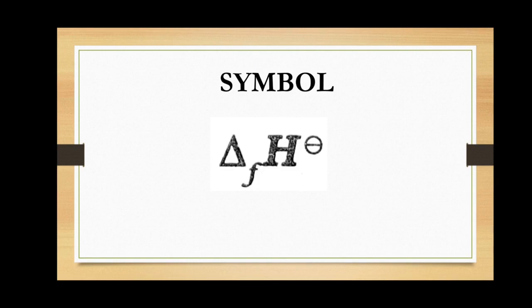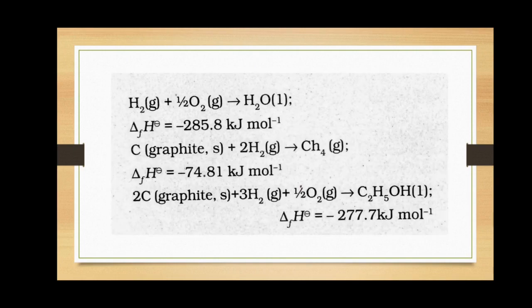Now if you take these examples, you can see H2 plus half O2 gives H2O, and the standard enthalpy change of formation is given there. Similarly, C, that is carbon graphite, which is the reference state I have already told, plus 2H2 gives CH4, and the standard enthalpy change of formation is given.